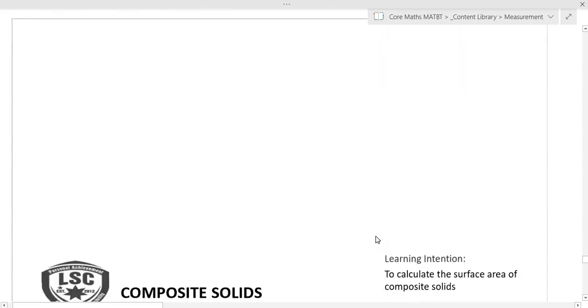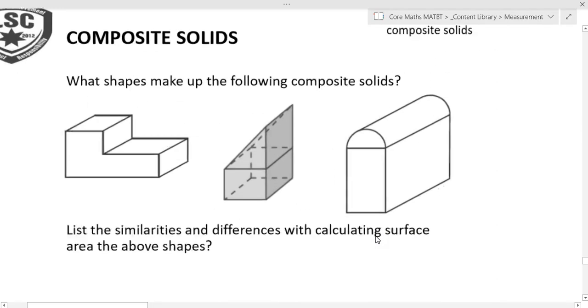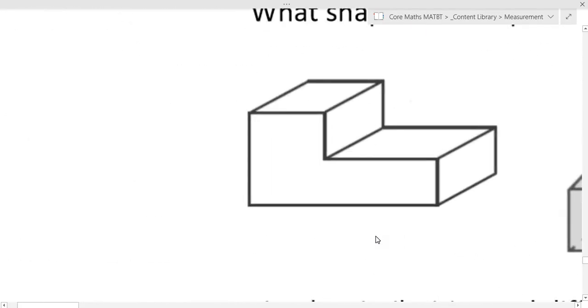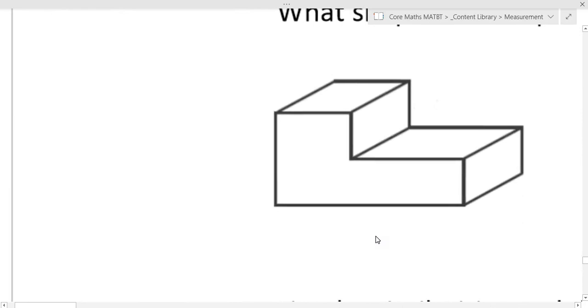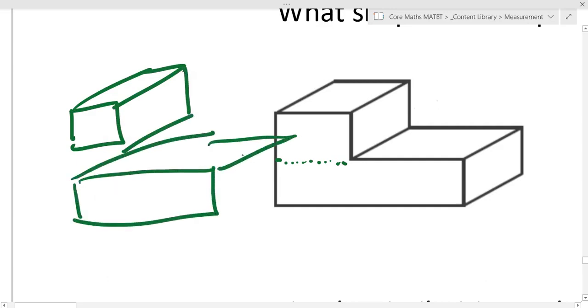All right, so let's look at some examples here. What shapes make up the following composite solids? So let's look at this one. What shape can you break this down into? Two rectangles, yep. So you can cut it this way. So you'll have that rectangle there, and then you'll have a really long one here that goes like this.